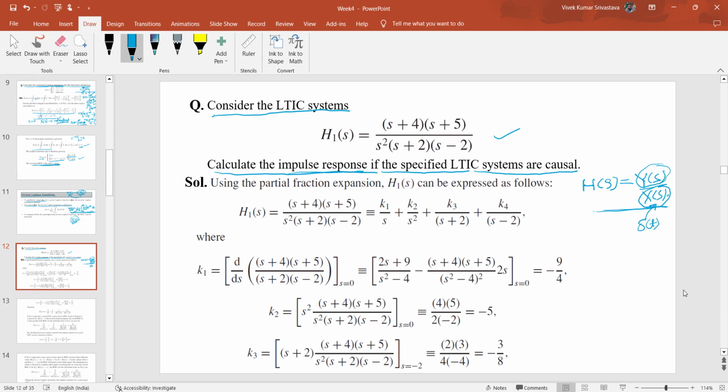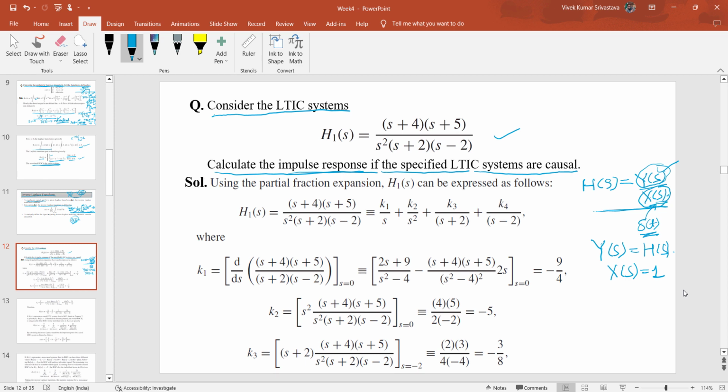The output we get is known as the impulse response. So for the impulse response, Y(s) will be the same as H(s), because the value of X(s) will be equal to 1. For the delta function the Laplace transform is equal to 1.